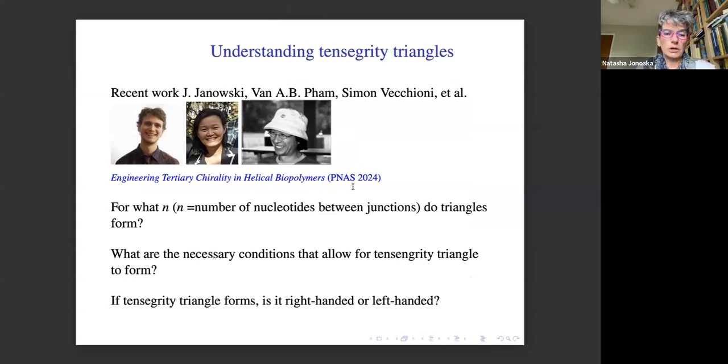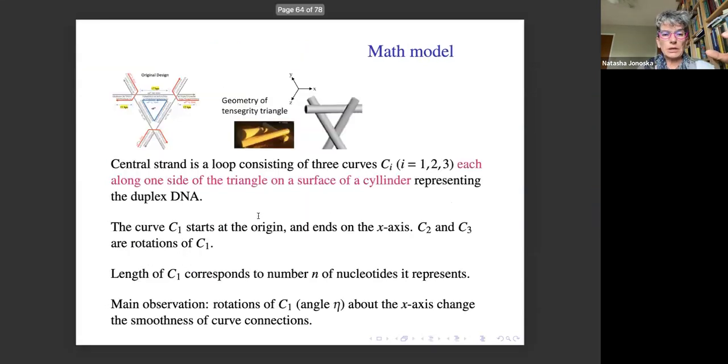We looked at the number of nucleotides between junctions when triangles form, when triangles don't form, when they are left-handed, when they are right-handed. And we looked at the central strand, and the whole design was concentrated on the central strand.